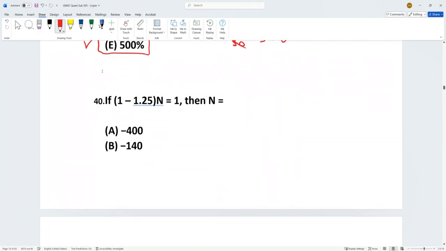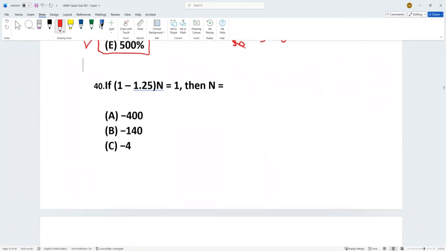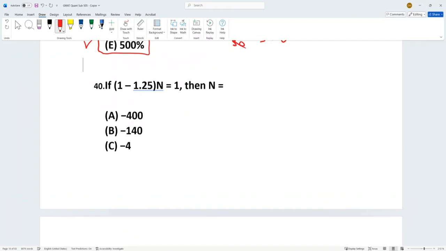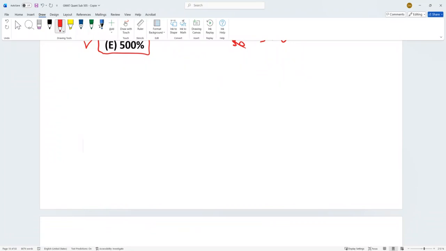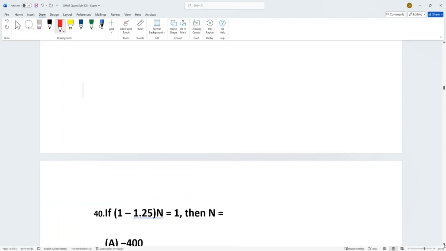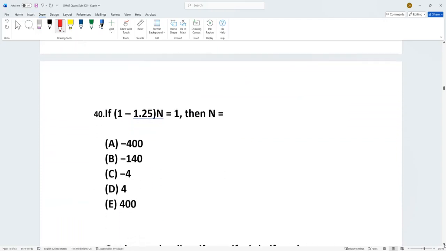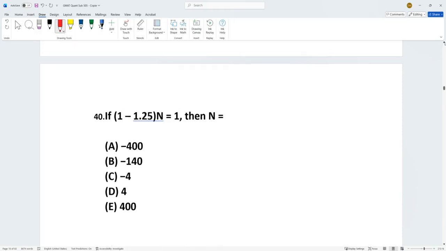Okay, let's do question number 40. If 1 minus 1.25 times n is equal to 1, then what is the value of n?